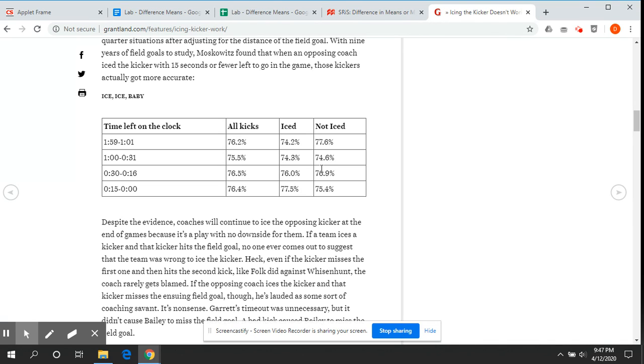So yes, there's a gap between iced and not iced, but is that gap large enough to be significant? Here it's only 0.3%. That's probably not large enough to really be significant.